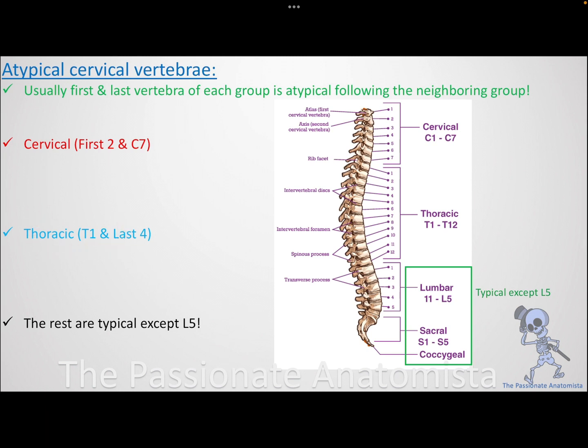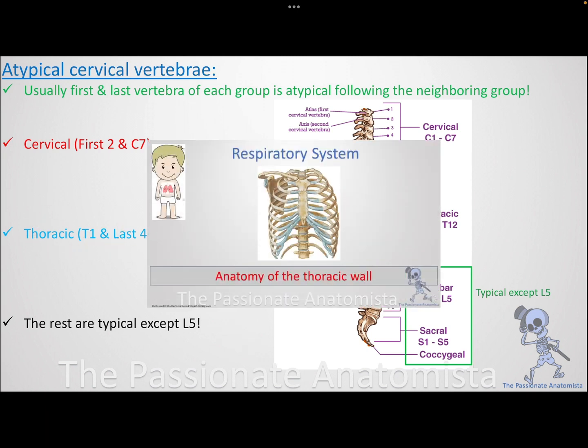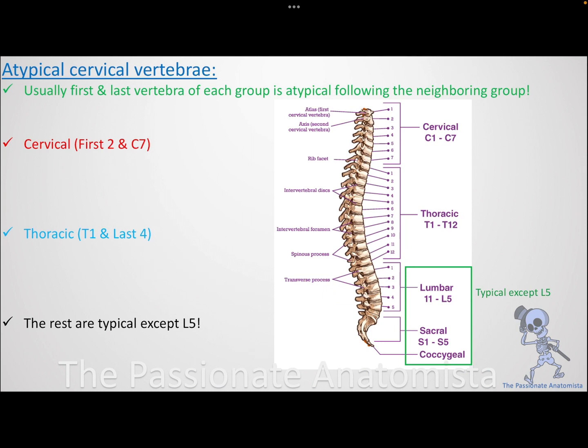And here, like I said, go ahead and watch the anatomy of the thoracic wall to know why they are atypical. I explained in a lot of detail exactly why every one of the thoracic vertebrae is different. Structure explains function, and there you will know. And the last thing is when we come to the lumbar region, all of them are typical except L5. Why?